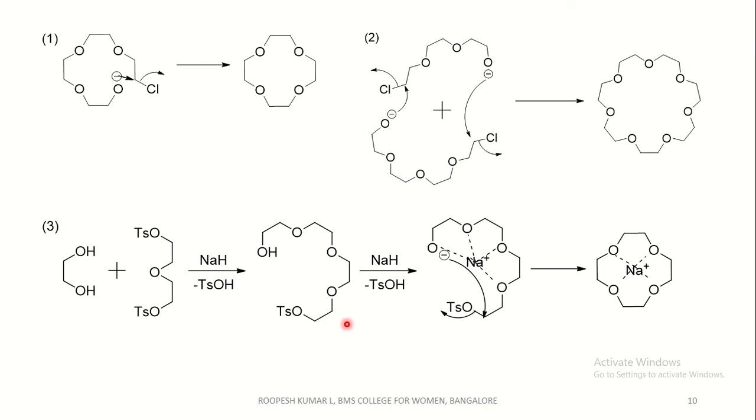This, on reaction with one more equivalent of sodium hydride, which abstracts this proton to form O minus, complexes with the sodium metal cation. And this formed O minus attacks this carbon, with the elimination of a tosylate, to form 12-crown-4 with the sodium metal cation in the center.